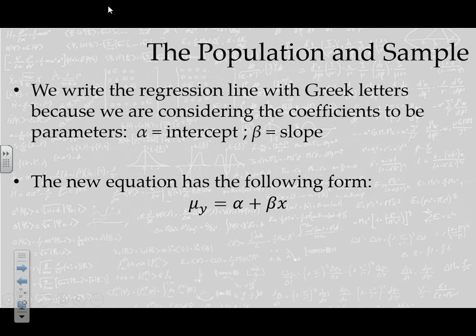So if we take the mean of the y values for that one distribution, that's what our line is going to give us. So mu sub y is equal to alpha plus beta x. Essentially the same as before, y equals a plus bx. We're just using some different notation to denote that this is for a parameter. It's from the overall population. Everyone okay with that?